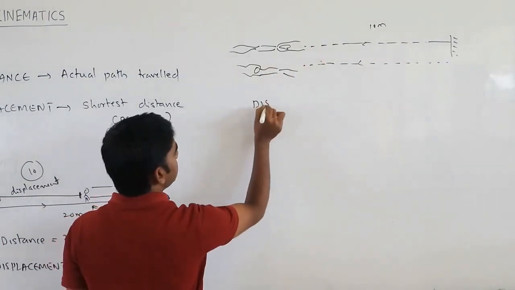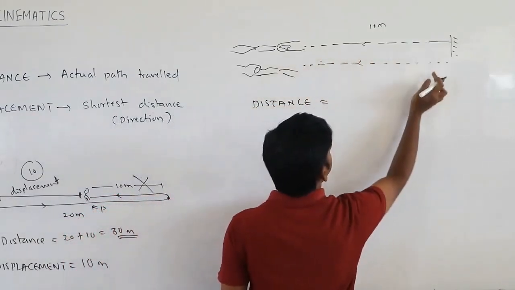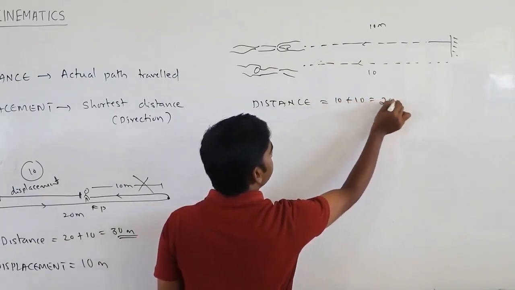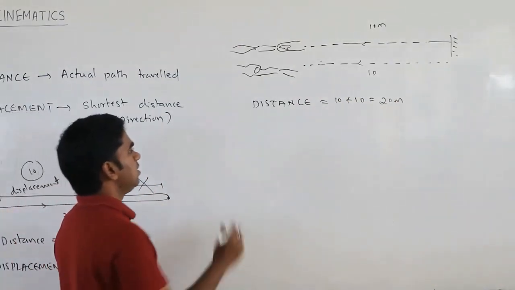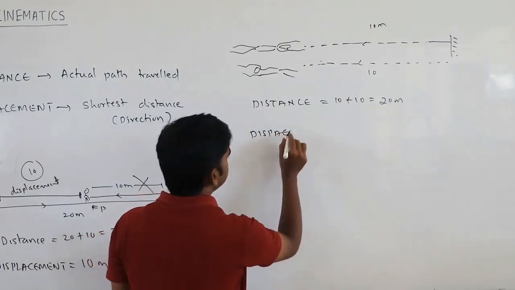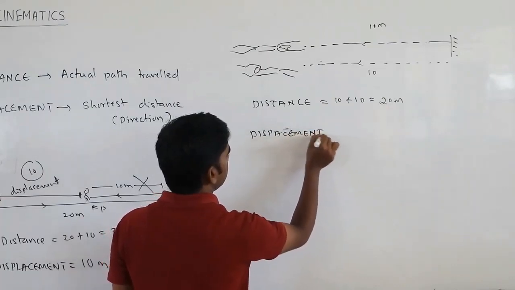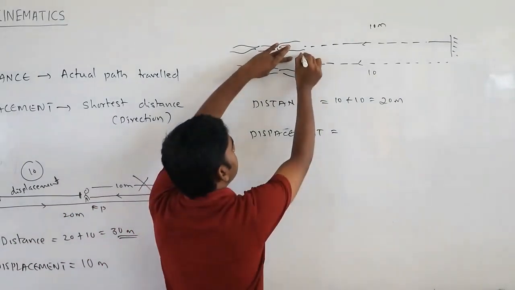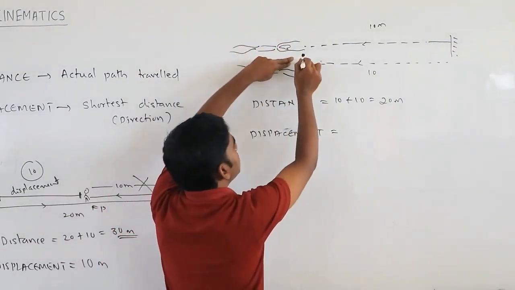Now what is the distance? While going 10 and while coming back 10, so 10 plus 10, 20 meters is the distance. Now what is the displacement? The initial point is here only, and the final point is also here only.